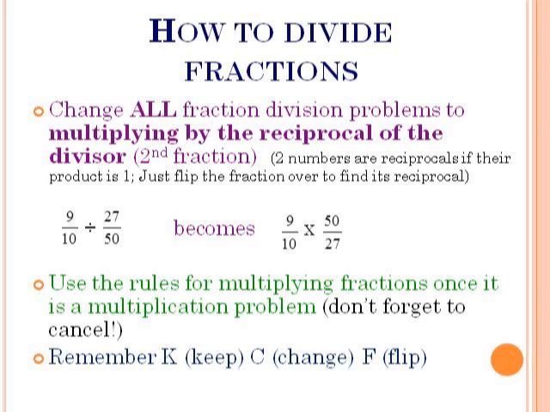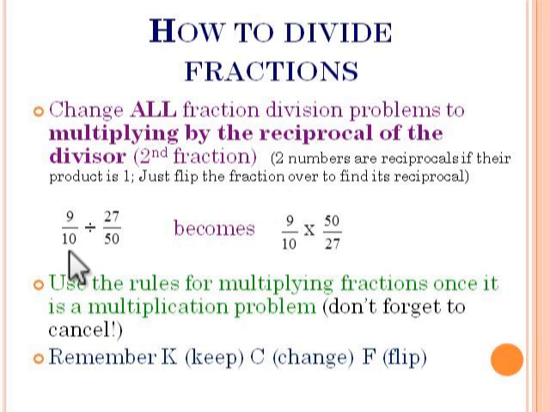But in order to do that, remember we've talked before that math has a balance. If you change a sign, you're going to have to change something else. There's always got to be that balance. So, we're going to multiply by the reciprocal. What is the reciprocal? The reciprocal is the flip of the fraction. So here's an example.